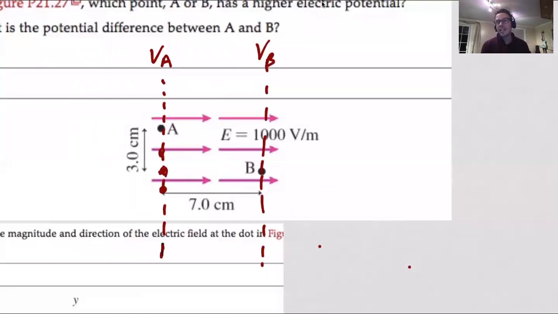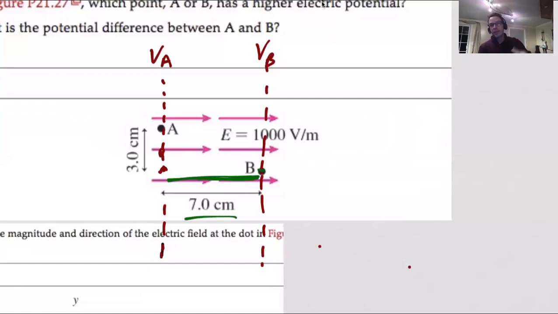Once we see it like this, they tried to be misleading in this problem, right? They wanted you to think that you need the separation distance as being the hypotenuse, but you don't. The separation distance, remember, by definition, is the distance between the equipotential surfaces, which we now see is nothing more than this distance, which is already given as 7 centimeters.